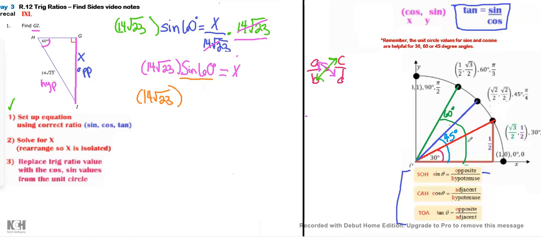We'll go over here, we'll find our 60-degree angle, which is this large angle with the green side. And so the sine, if you'll remember, is the y value. For cosine and sine, cosine is x, sine is y. So we will replace that with square root of 3 over 2.